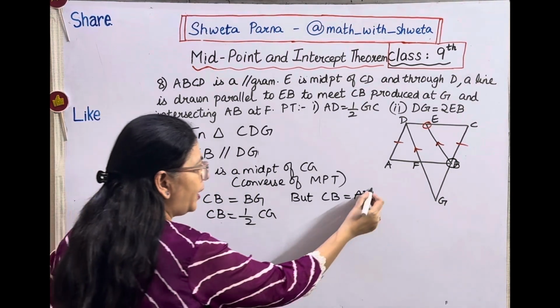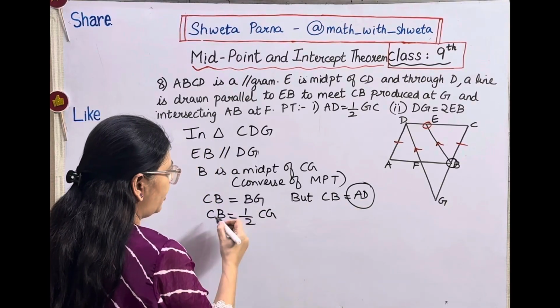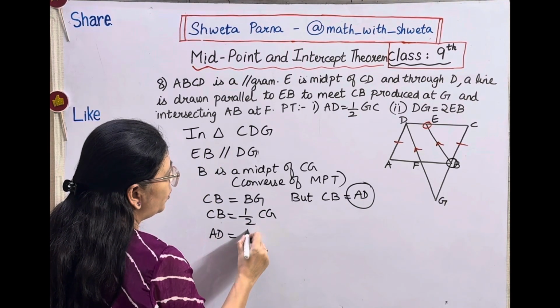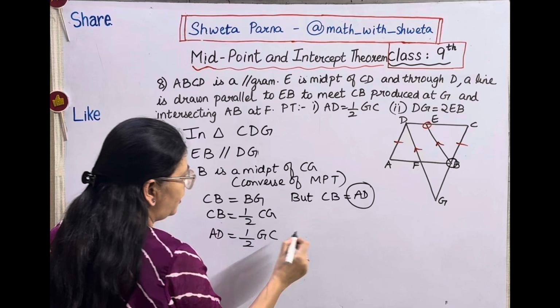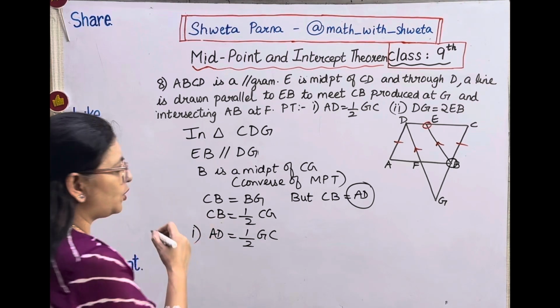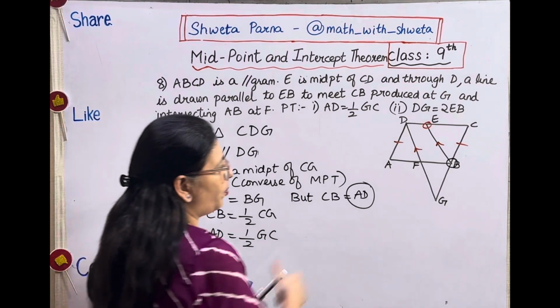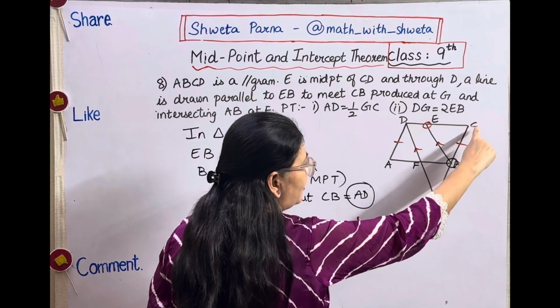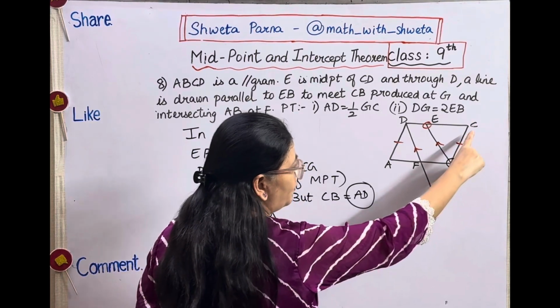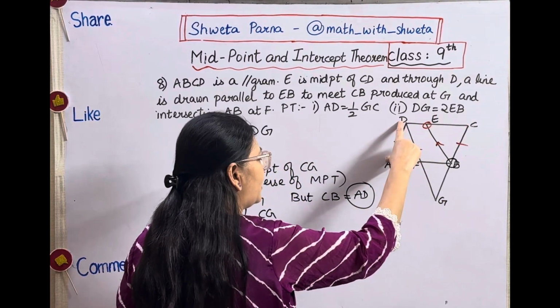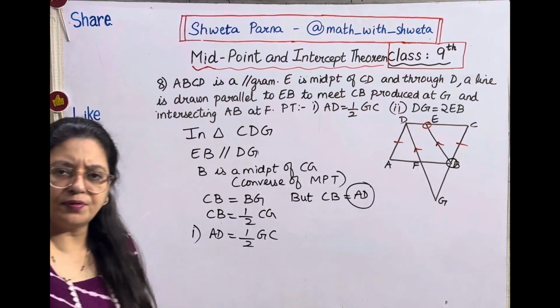Correct? Now we substitute it with AD. So AD would be half of GC. This is what you wanted to prove in the first part. See, we know that opposite sides are equal. Now this is half of GC. So if this is half of GC, we can say that AD is also half of CG.